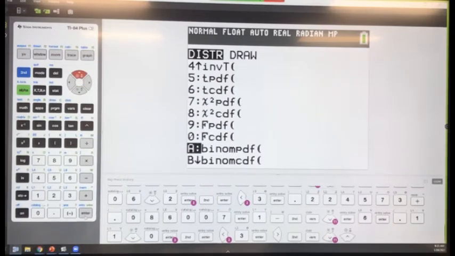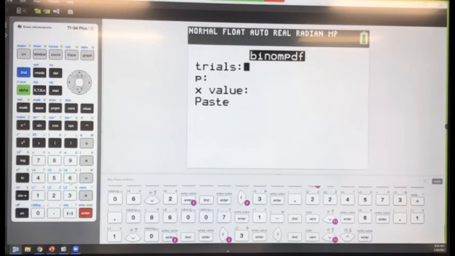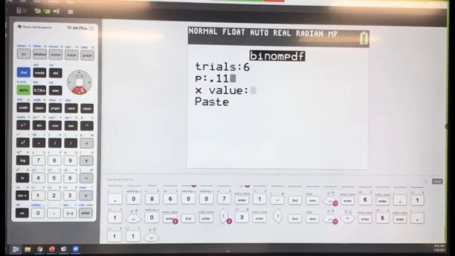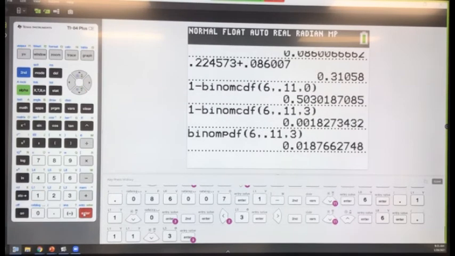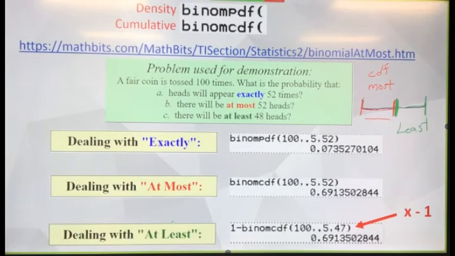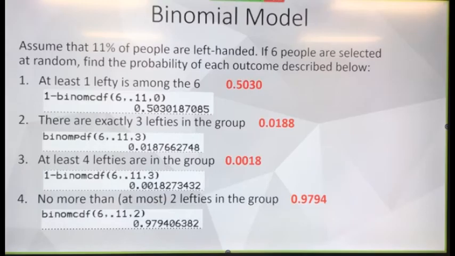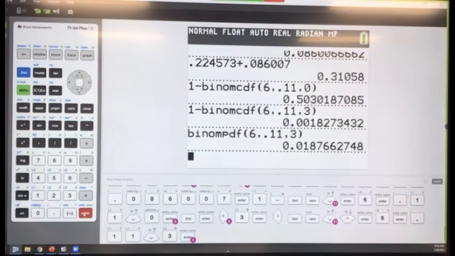So with exactly that PDF, 6 people, 11% chance of them being lefty. My value is, I'm looking for exactly 3. And did you get about, again, 1.8% chance? Yep, just a little bit more likely. 1.9, I guess you could say, actually.